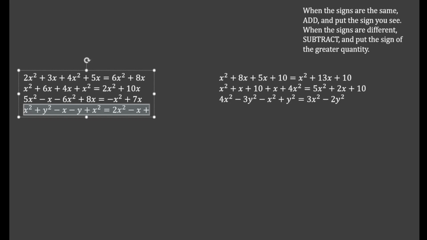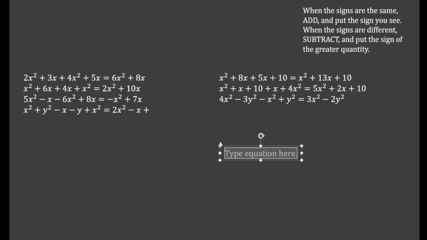This is interesting. Let me actually put this aside. This is common, but I want you to be very careful about this. You're looking at plus y squared minus y.